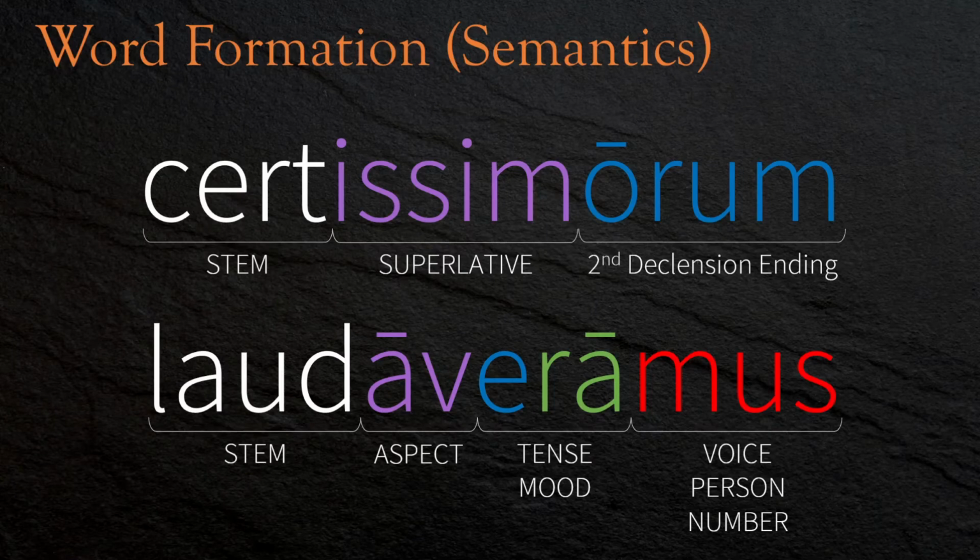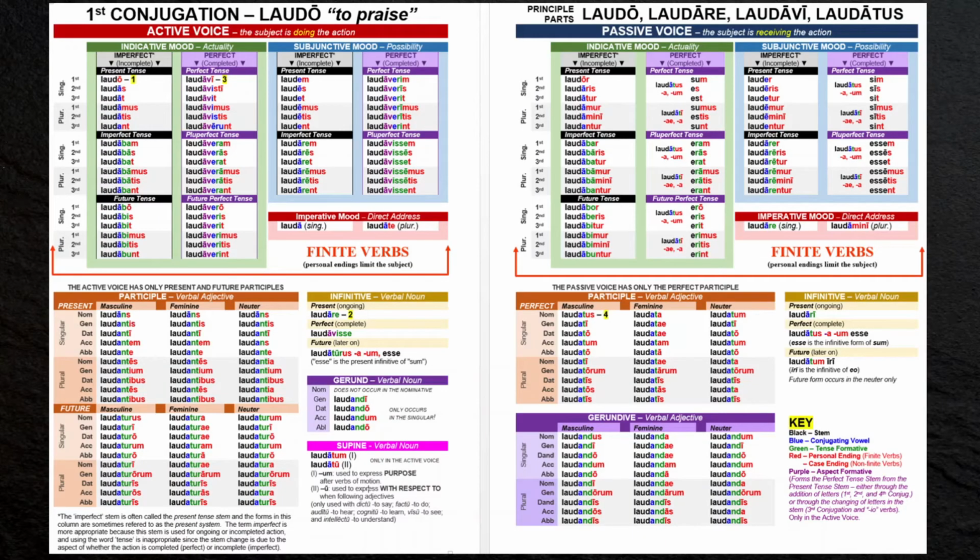So each of the different parts tells you something. And by learning the patterns and seeing that with the color and grasping that, it's easier to remember all of these various different endings. Now, this is what the chart book that I put together for Latin does.